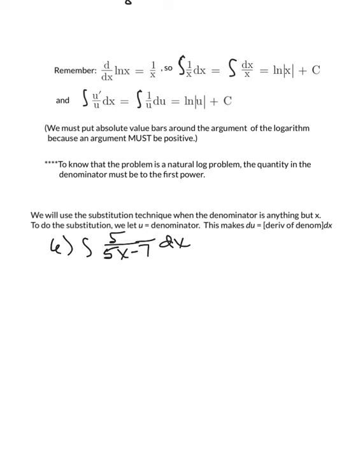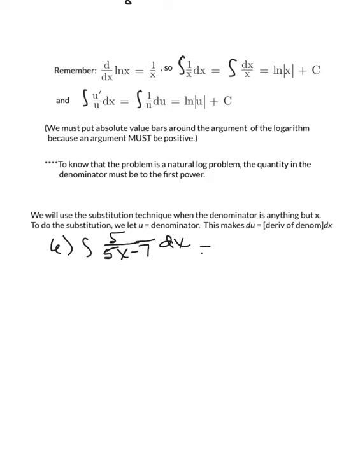Our first example where we're going to look at this type of a problem is number 6, where we have the integral of 5 over 5x minus 7 dx. First of all, notice that we have a quantity to the first in the denominator.